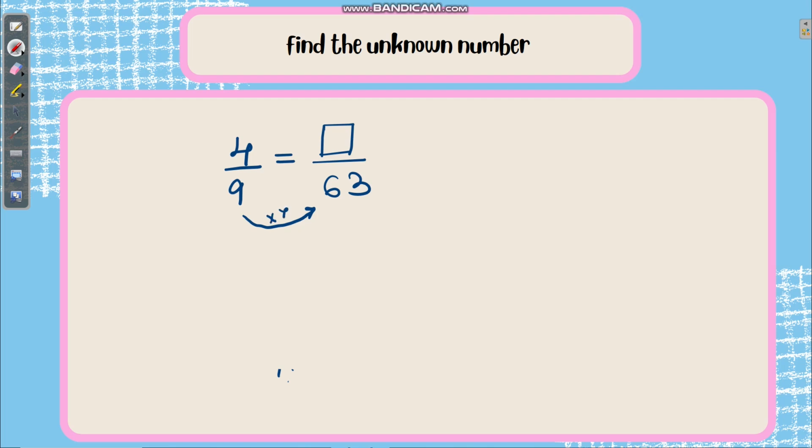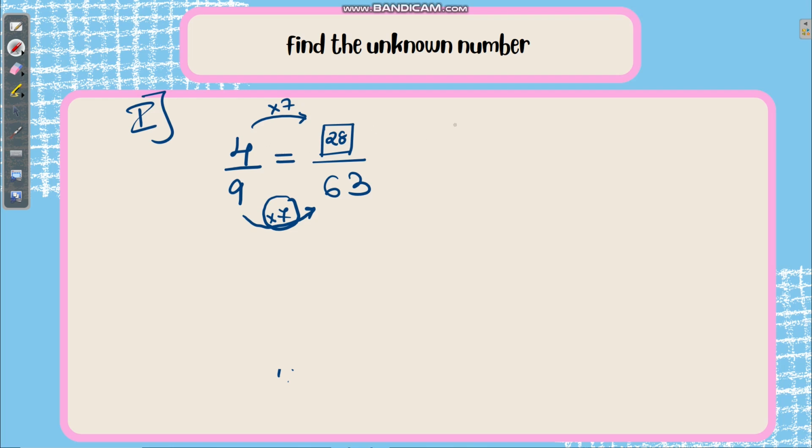It is into 7. Similarly, 4 into 7 will give you your answer, that is 28. Why did I do this? Because if the fractions are equivalent, you have to multiply the same number to the numerator and denominator. Okay, this is the first method, that is by looking at the fractions.